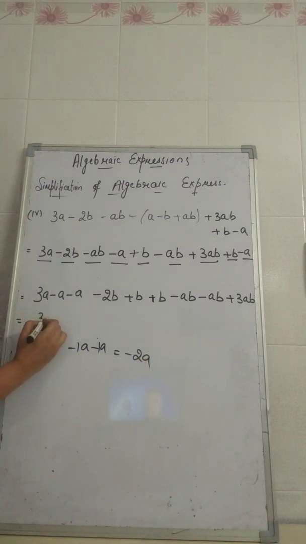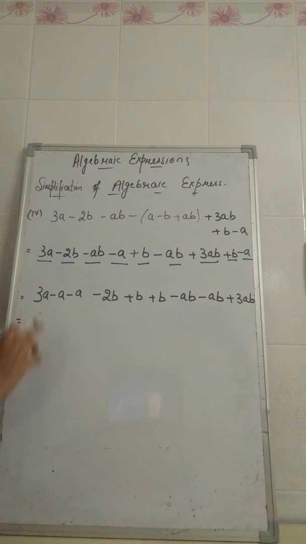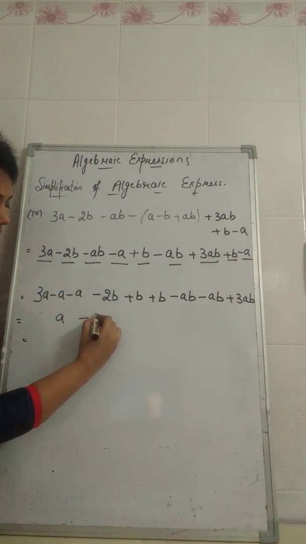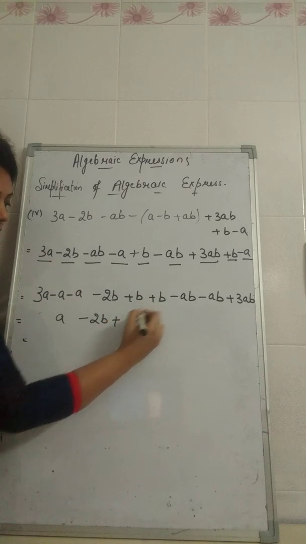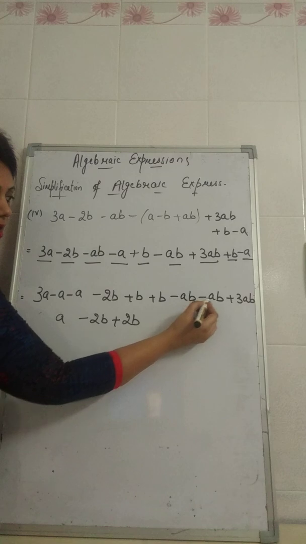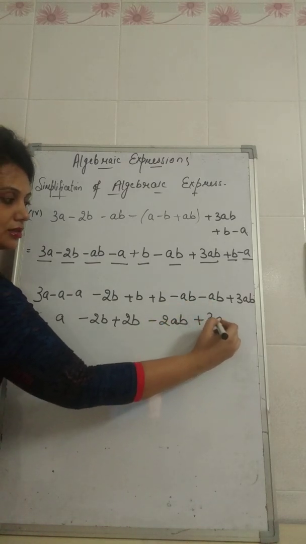So either you can write 3a minus 2a and then in the next step a, or you can directly write 3a minus a is 2a, 2a minus a is a. So a, then minus 2b plus b plus b, minus ab minus ab is minus 2ab plus 3ab.